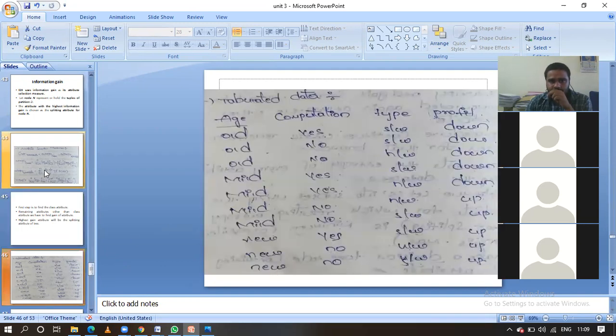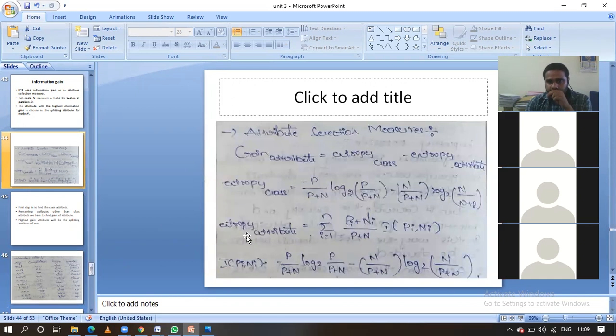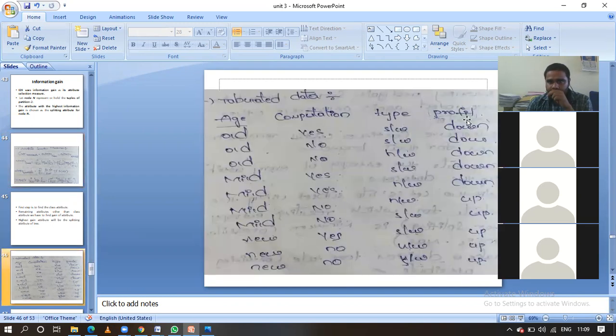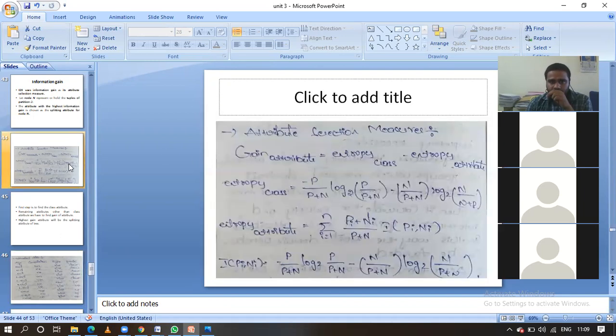For all these three we have to calculate the entropy of attribute value, and from that we have to calculate the gain. Entropy of class is the entropy of profit, whether profit comes or not, which we know. Likewise, entropy of attribute, this is the formula, for the three attributes.